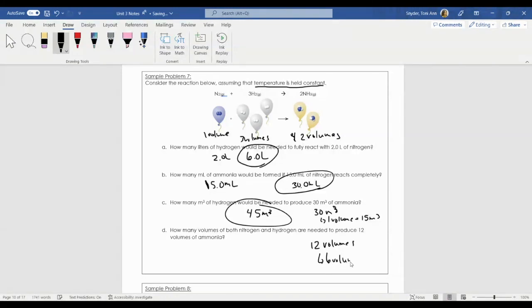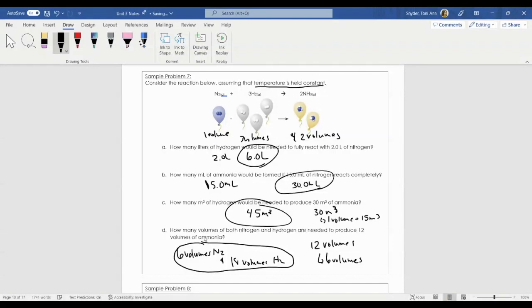So I find that 1 volume is equal to 6. Okay, and then let's use our balanced chemical equation. If 1 volume is equal to 6, looks like I would have 6 volumes of N2, and 6 times 3 is 18 volumes of hydrogen.